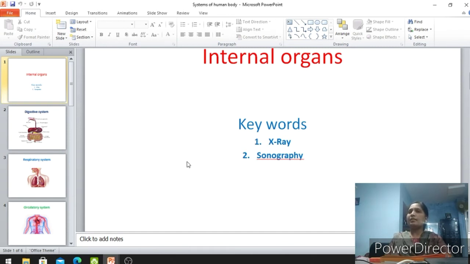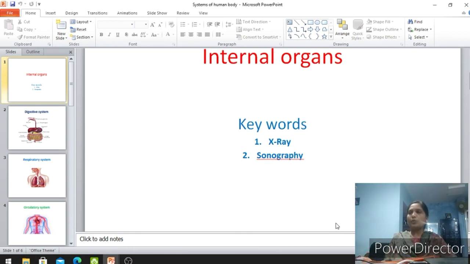By doing all this, they are giving treatment to the patients. Understood, children? So in today's class, you learned about the different internal organs, where they are located and what their important functions in the body are. You learned very well. Now we will see the questions given in this worksheet.